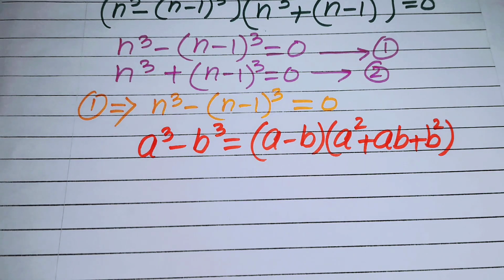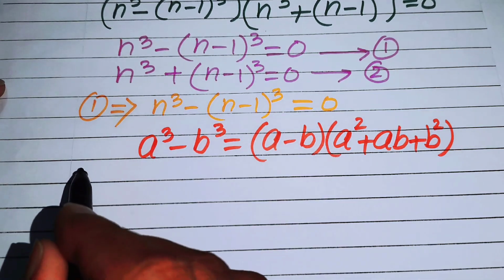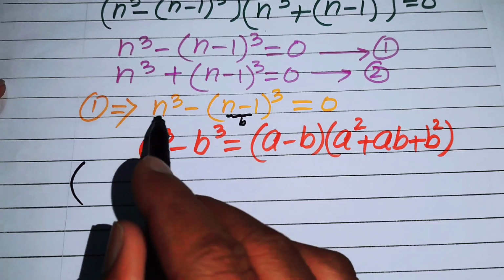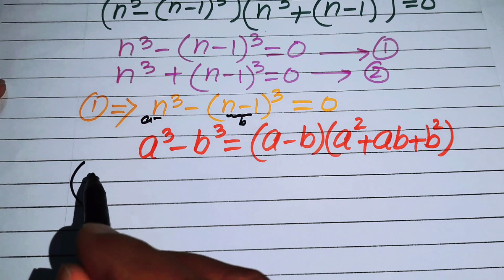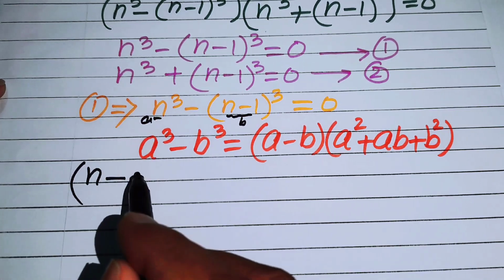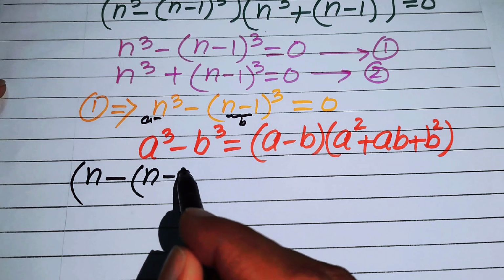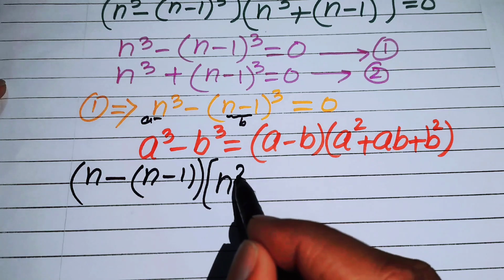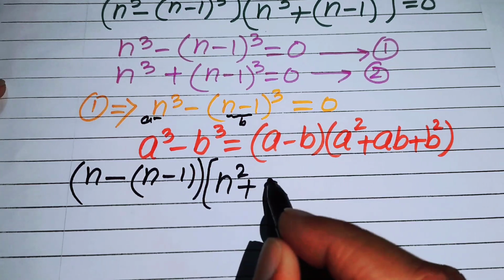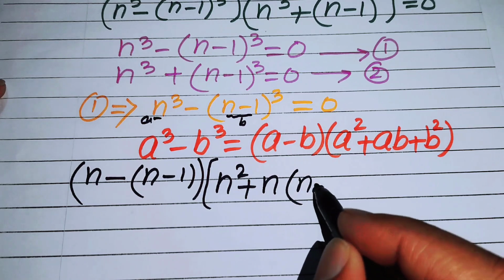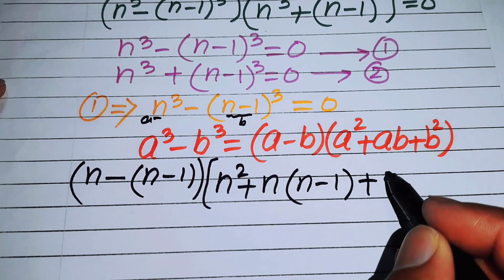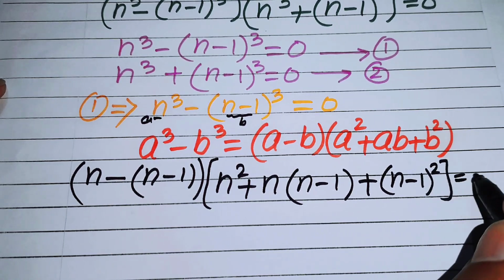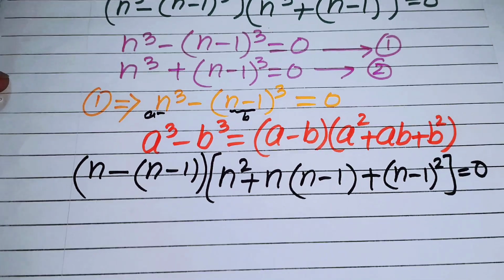Here the value of a is n and the value of b is n minus 1. So we have a minus b, that is n minus (n minus 1), into a squared, so a is n squared, plus ab, so a is n and b is n minus 1, plus b squared, so b is (n minus 1) squared, and this whole equation equals 0.